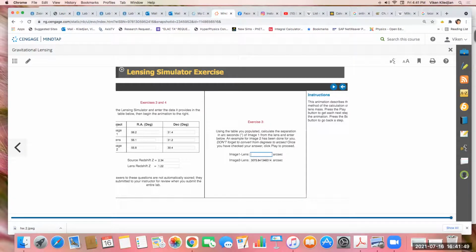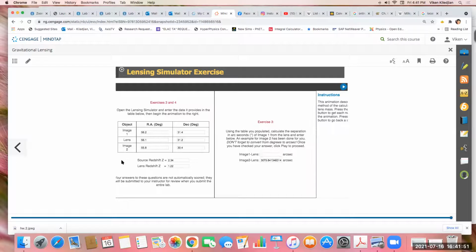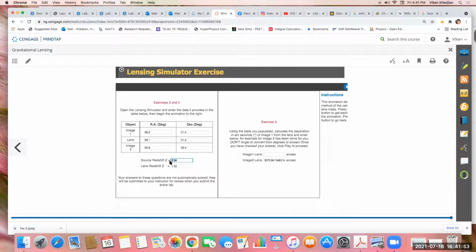So you put all your results in here. You put the source redshift, you're just getting that from the picture. Then you put your results in degrees, and then it will itself calculate this for you once you put in these correct values, right? And then this one, you put it in. Then once you put it in, take a screenshot, okay?